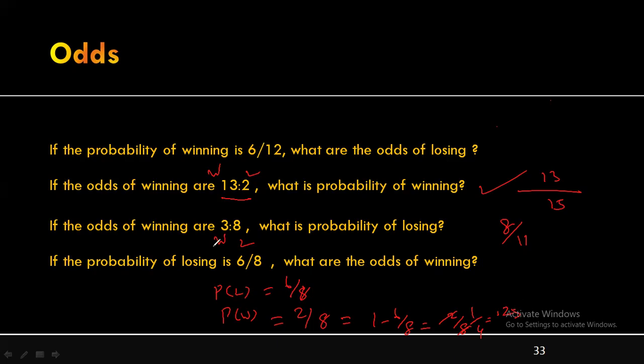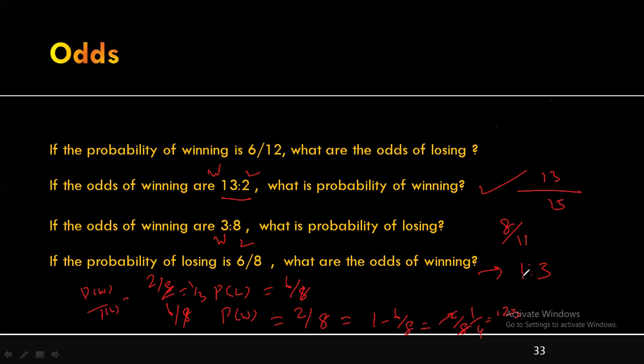Now the question is, what are the odds of winning? That is probability of winning divided by probability of losing, so 2 over 8 divided by 6 over 8. The 8s get cancelled, you have 2 over 6, which is 1 by 3. That means the odds of winning are 1 is to 3.